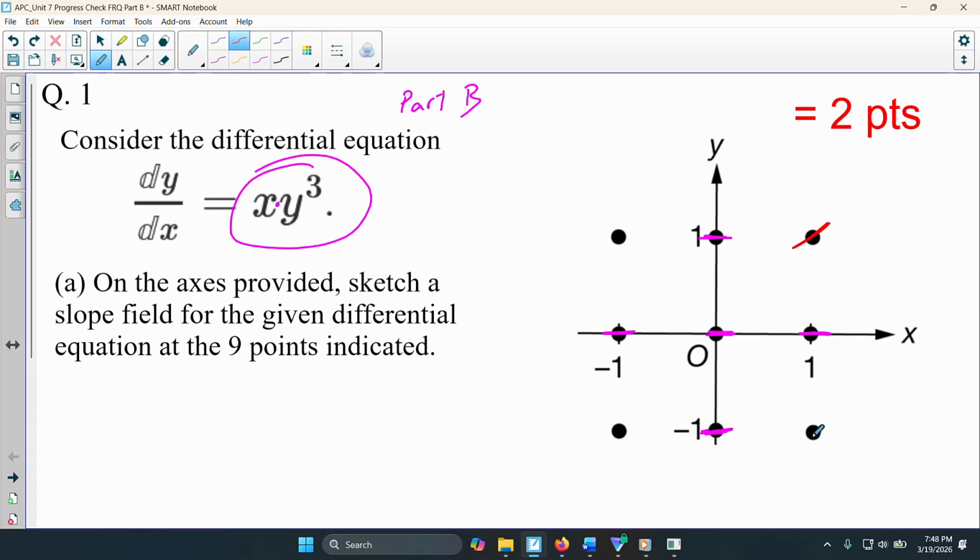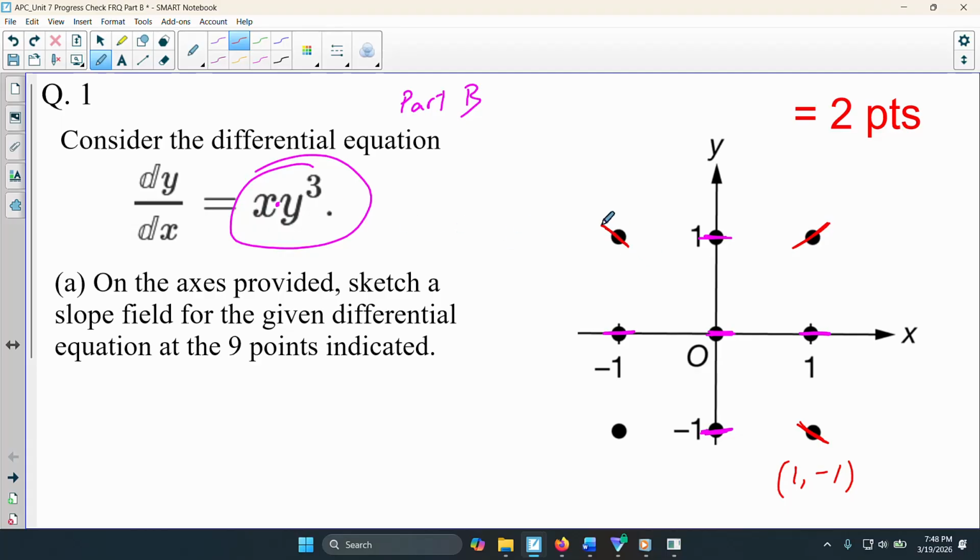Over here, this is a 1 comma negative 1, right? That's the point. So if you put negative 1 into the letter y, negative 1 to the third is negative, so this is going to be a negative 1, kind of like this. And doing the other ones just as well. This is a negative 1, positive 1, so negative 1 over here.